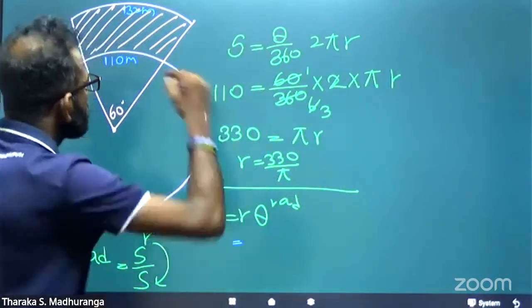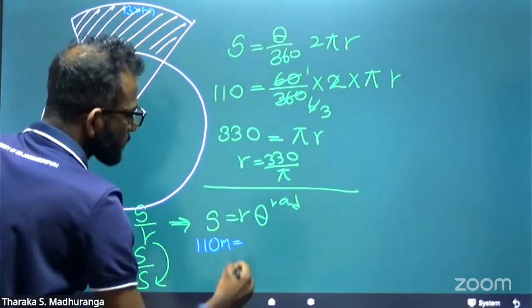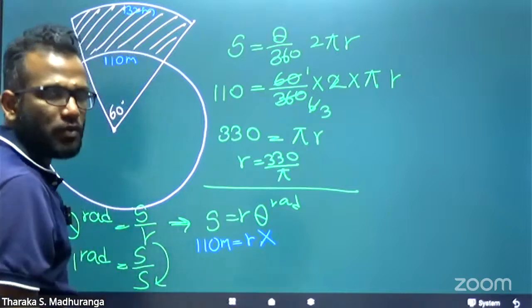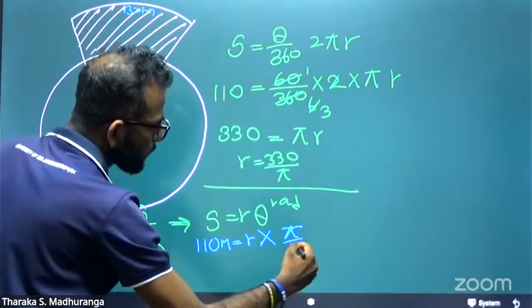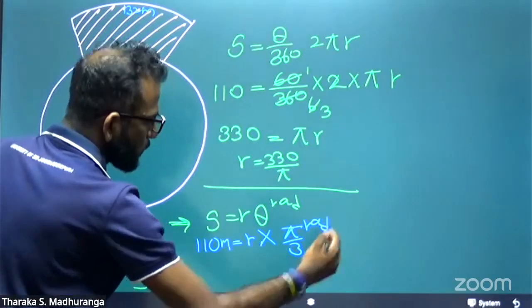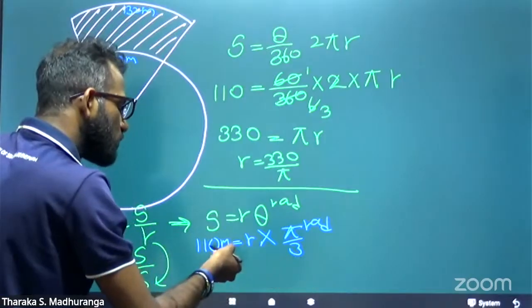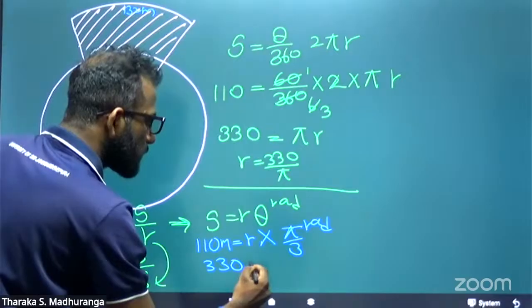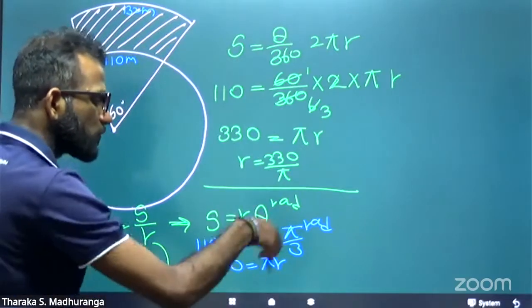The s is given, 110 meters. The radius we don't know. The theta is pi over 3 radians. If I isolate r, 3 times 110 is 330, equals pi r.